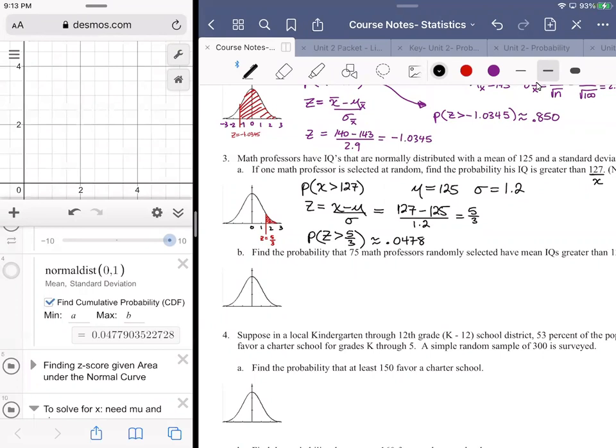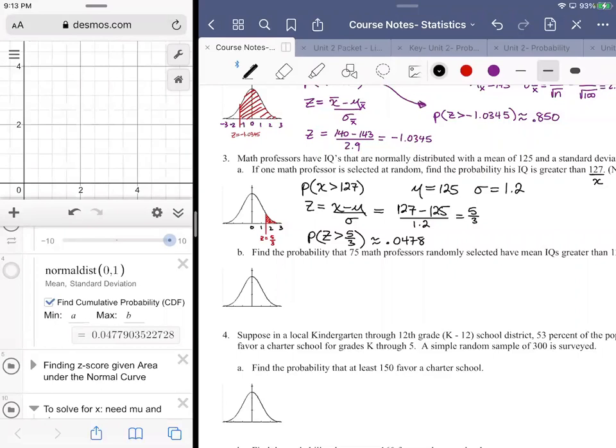All right, sounds good. So basically what this problem is saying is that intelligence-wise, math professors are all kind of in the same neighborhood. Their intelligence capacity is all right around that 125 mark, and they're all in lockstep with one another.